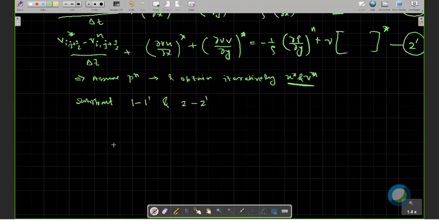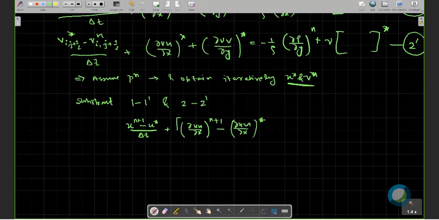And after you do this, what you are going to get is this. So you are going to get u n plus 1, I'm not writing any index, then u star divided by delta t plus you will be getting these terms, del u u del x, right? Del u u del x n plus 1 minus del u u del x star.